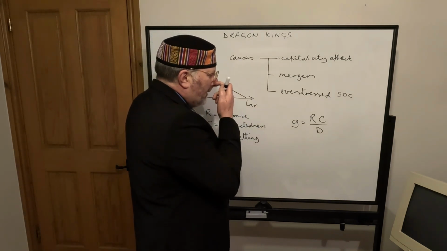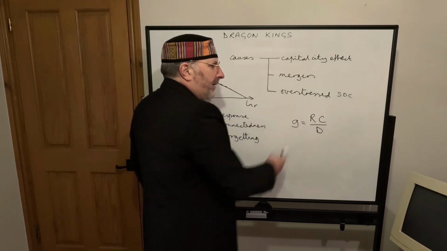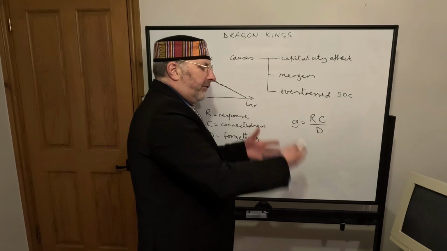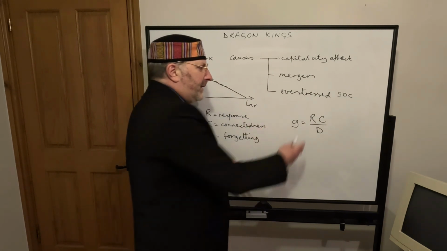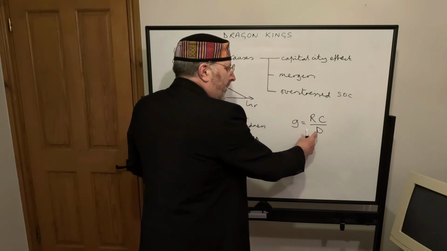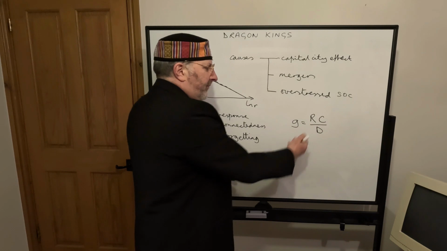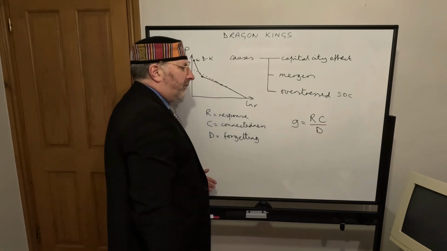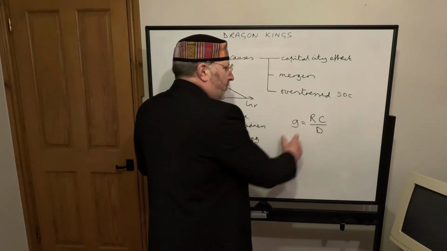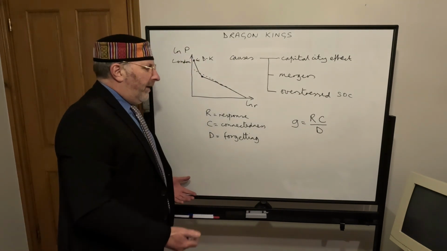When G is large, that's when influence is strong, because people are highly connected and people tend to respond to influence, and D is small. The tendency to forget is small. So the higher G, the more influence that is taking place.